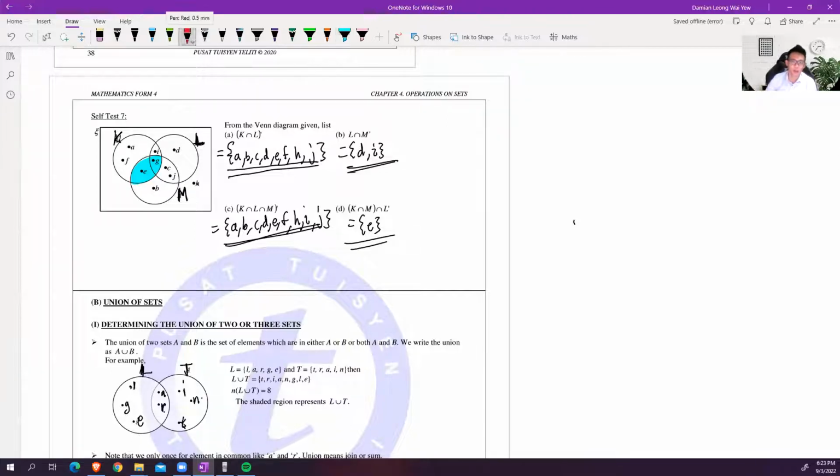Means out of all these, which part intersects with L complement? Complement means outside. So outside of L is only here. Yeah, so I only consider this part and I erase off the part that doesn't intersect. That's how it works. If it's union, then we just add on the part that I want to union with.